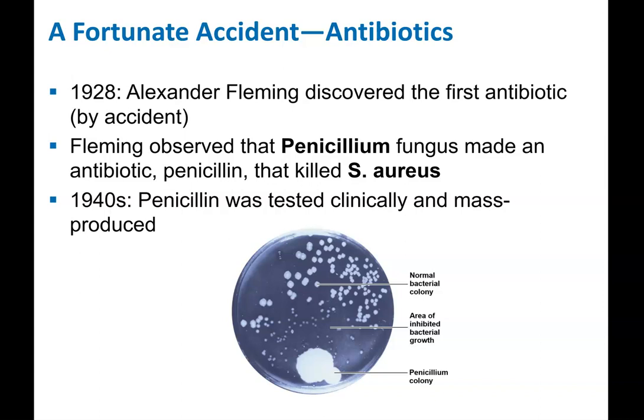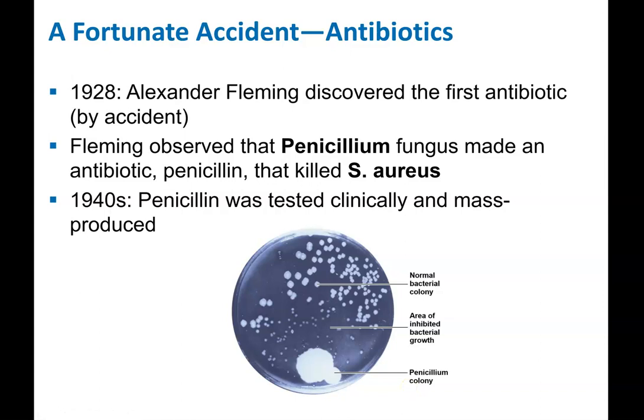So interesting thing about penicillin, it was discovered by Alexander Fleming by accident. He was working with bacteria and his petri plates got contaminated with mold. And what was a lucky accidental discovery was that mold called penicillium that you could see here on the plate, wherever the mold grew, the bacteria didn't seem to be able to grow.